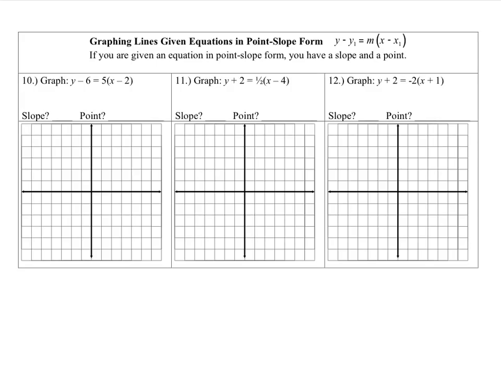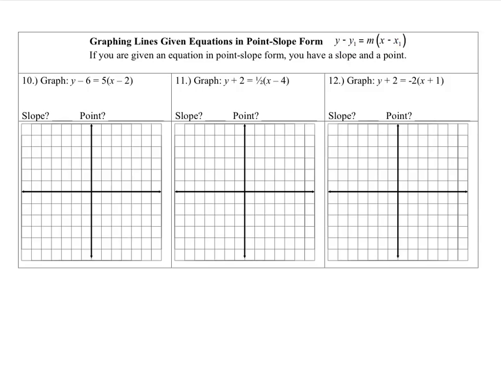So if we don't have a line in slope-intercept form, maybe it's in point-slope form. So reminder of point-slope form: it's y minus y1 equals the slope, and then you have in parentheses x minus x1. Just a reminder, because it's subtraction, when you're pulling out your ordered pair, you're pulling out the opposite of the term that you see here.